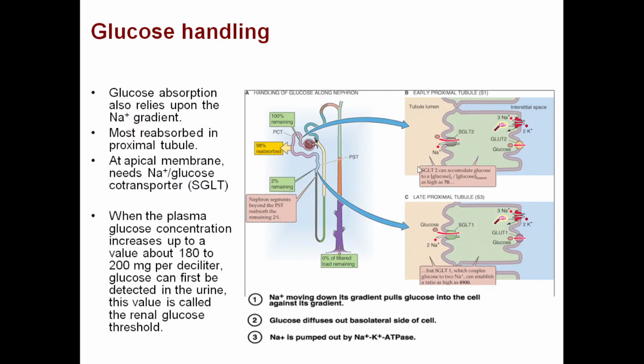So the remaining glucose remains in the lumen and it will leave the body with the urine. And this is what is called the renal glucose threshold. So around 200 milligrams per deciliter, or it's about 10 millimoles per liter.